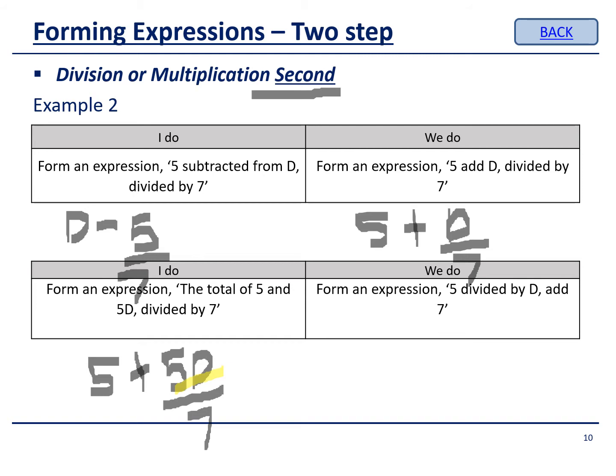We're using d in all these examples, but that could be x, it could be y, it could be a, but it's still unknown, it's still a variable, and you'd still times it by 5, the coefficient there. Well done for keeping up, and let's have a go at the we do.